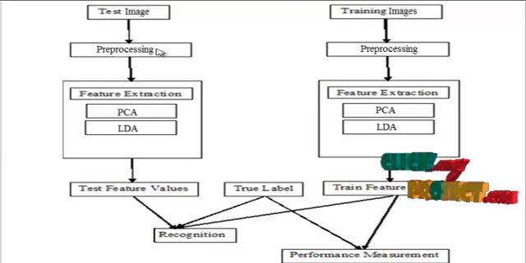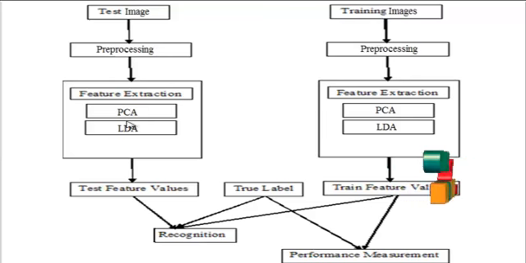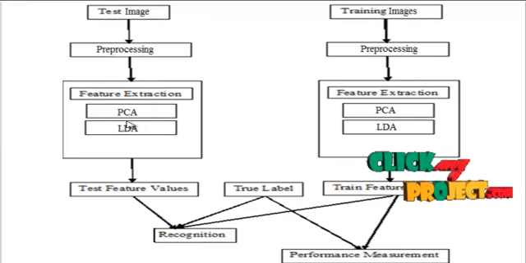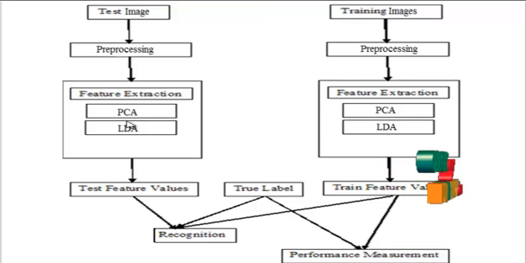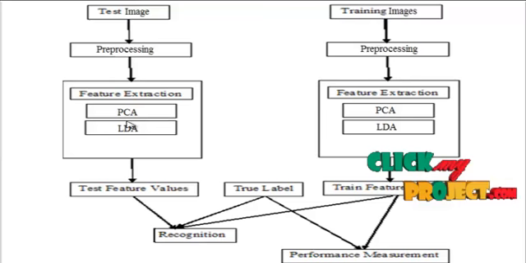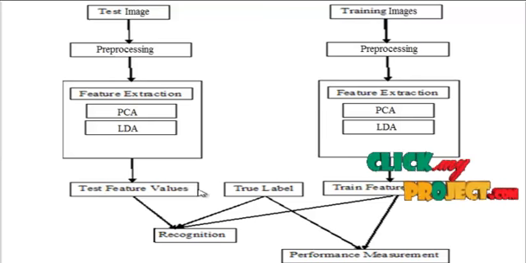After that, the features are extracted from the images based on PCA and LDA features. After the extraction, the collected values are analyzed, combined and saved as the test feature values.